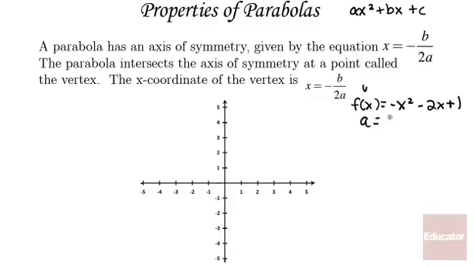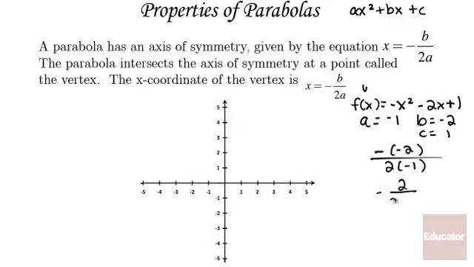So a is negative 1, b is negative 2, and c is 1. Negative b over 2a gives me negative of negative 2 over 2 times negative 1. That's a positive 2 over negative 2, which equals negative 1. Therefore, the axis of symmetry is a vertical line right here at x equals negative 1.